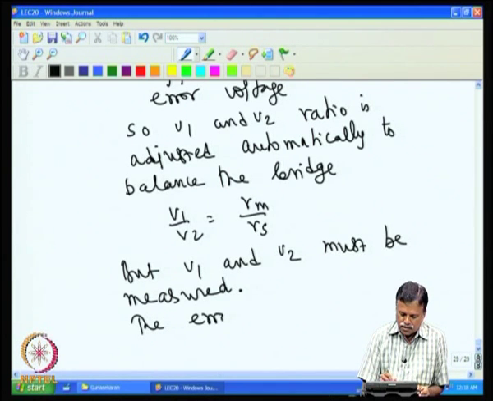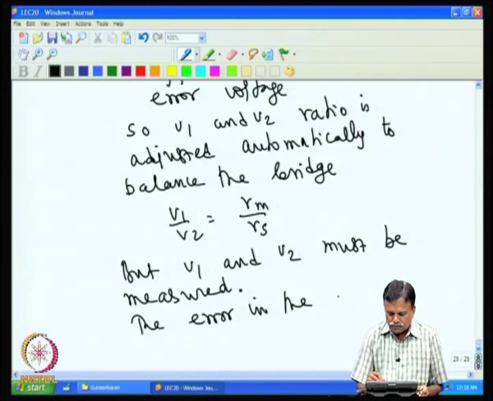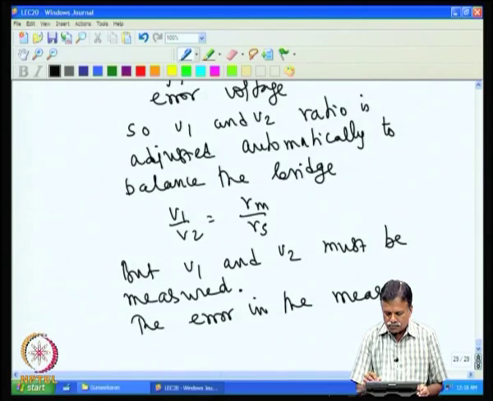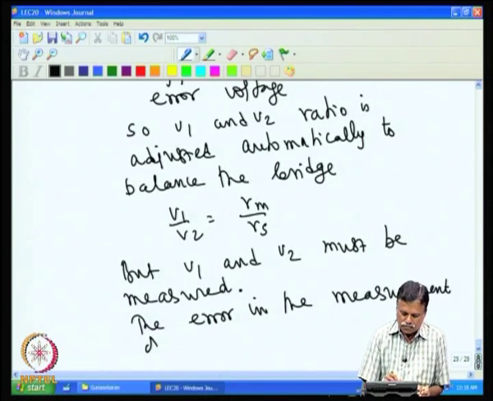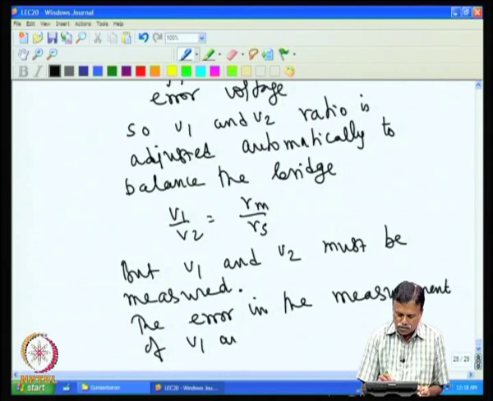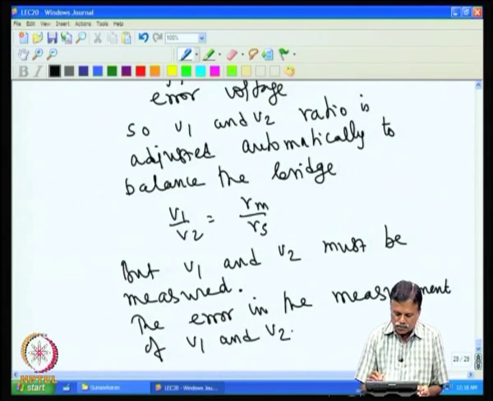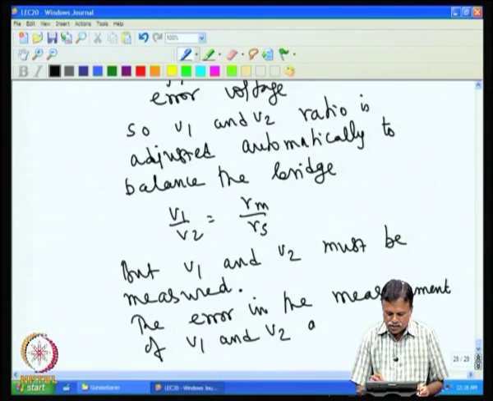So the error in the measurement of V1 and V2 affects the resistance measurement.